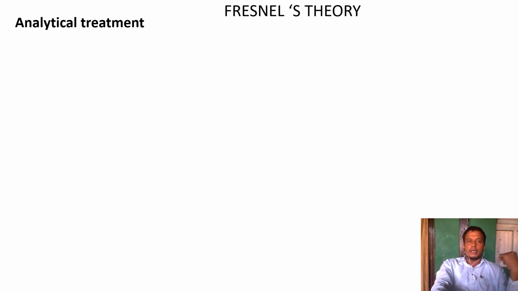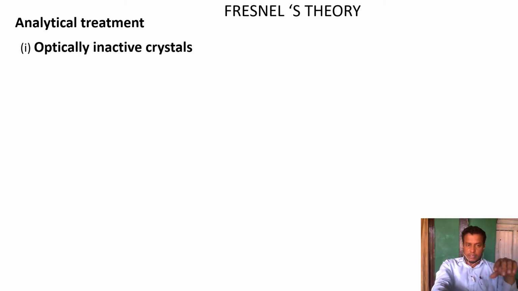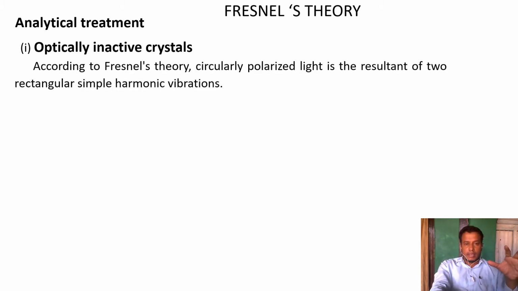Let's give the analytical treatment and show it in the theory. First we take an optically inactive crystal. According to this theory, circular polarization is the resultant of two rectangular simple harmonic motions.